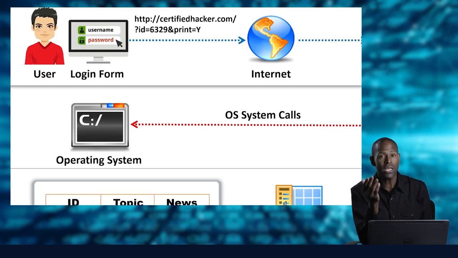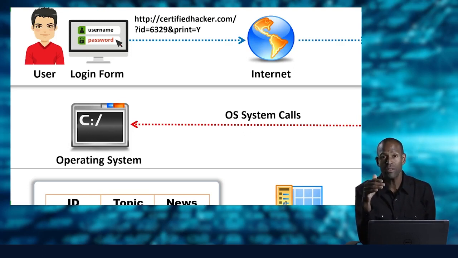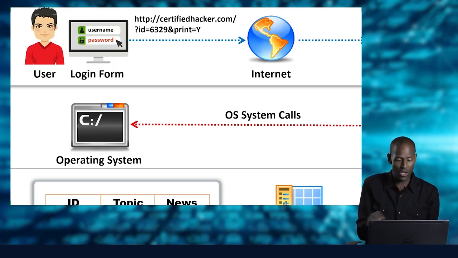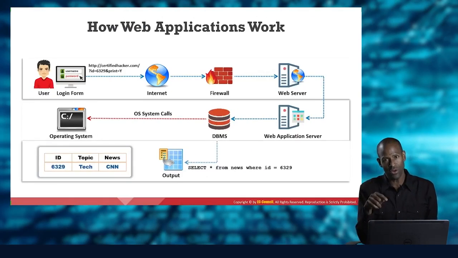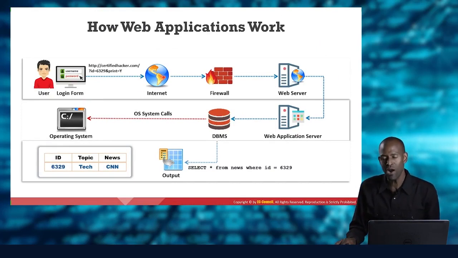Before the question mark is document location and protocol. After the question mark are parameters that when you hit enter, are sent back to the web server for processing, right? So remember, everything's on your local system, but when you hit enter, it gets sent through the internet, through any firewalls, to the web server.